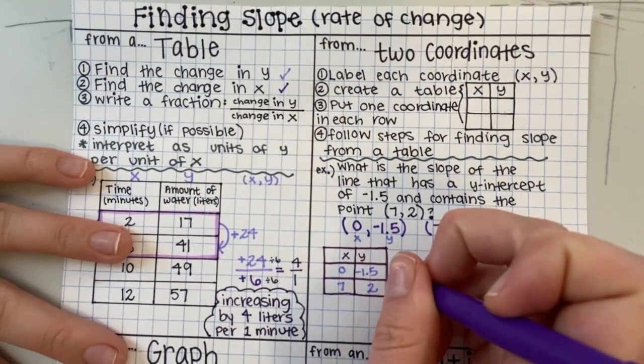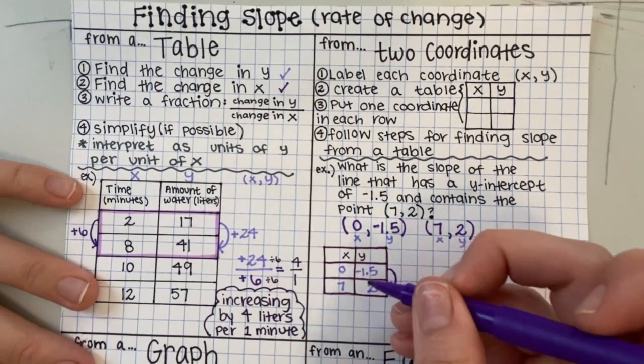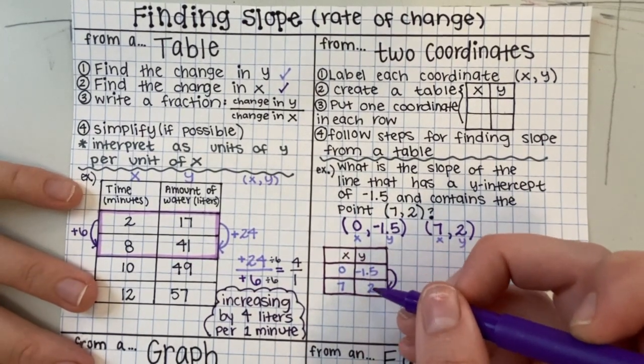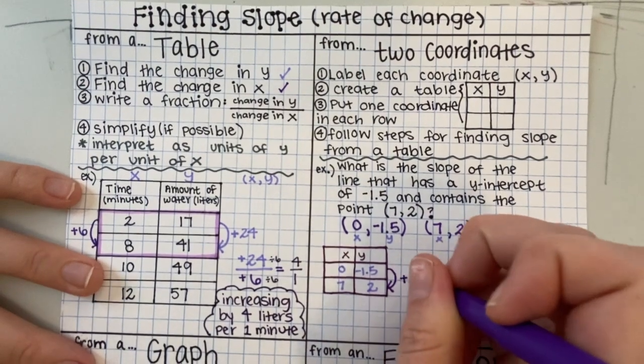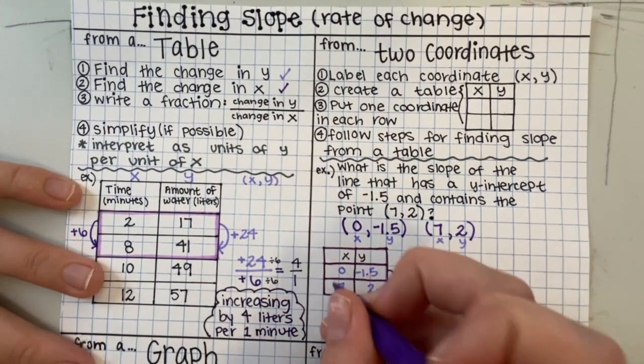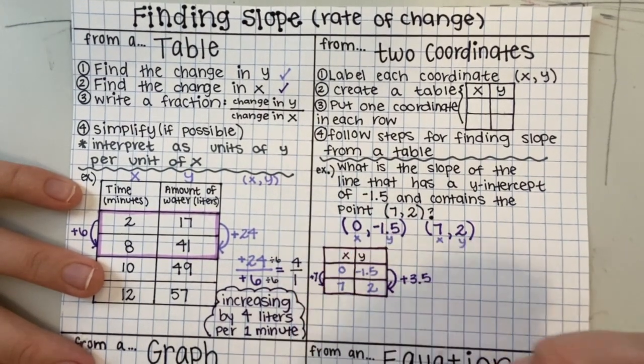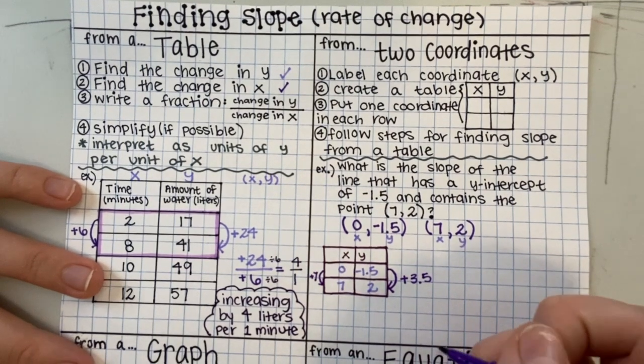I'm going to find my change in Y. My change in Y from negative 1.5 to 2 is plus 3.5. Then I'm going to find my change in X, which is plus 7. Then I'm going to write this as a fraction.